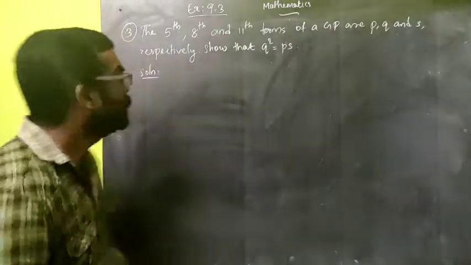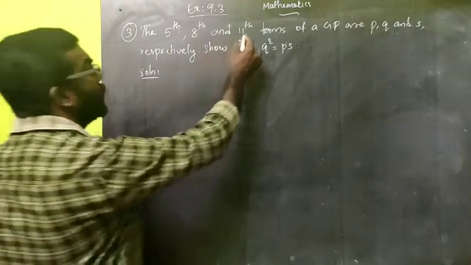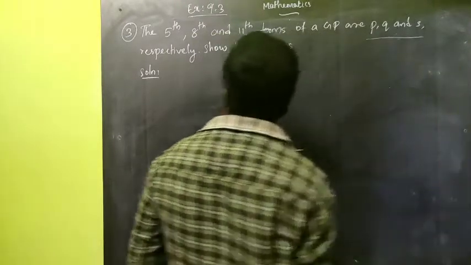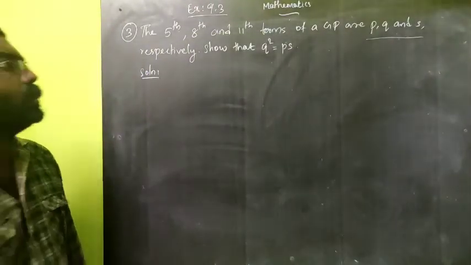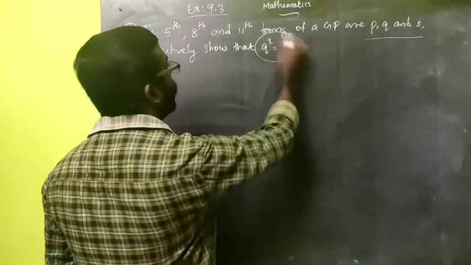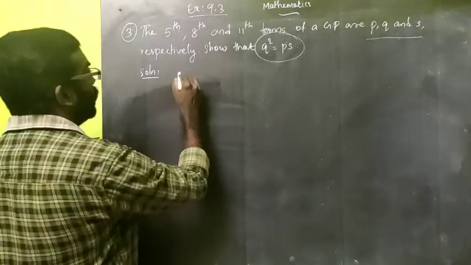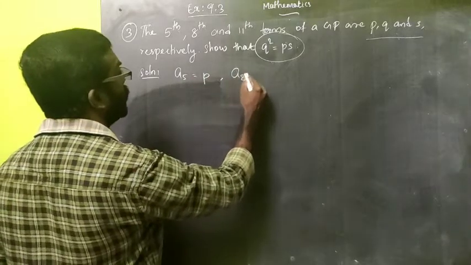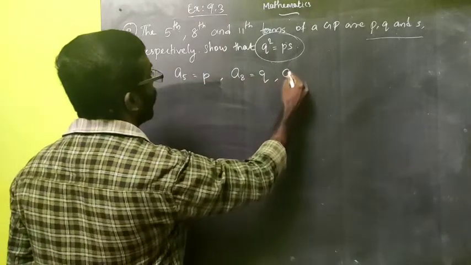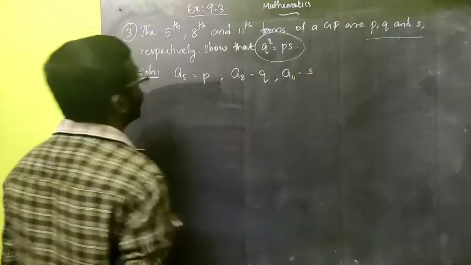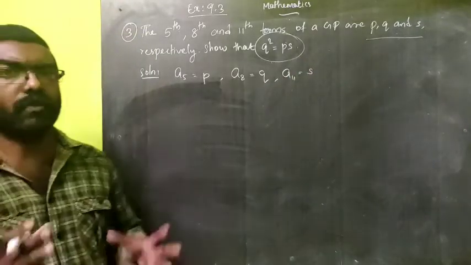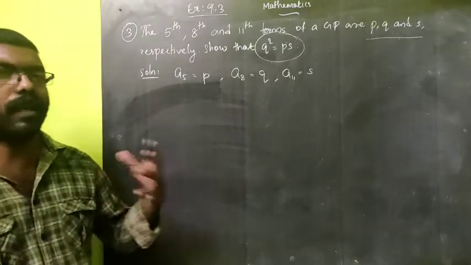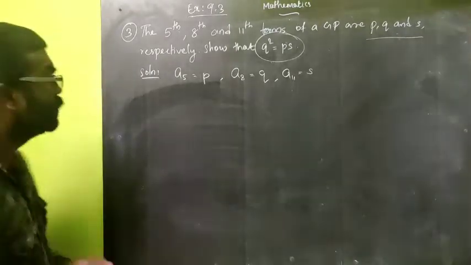Here the next question is, the 5th, 8th and 11th terms of a GP are p, q and s respectively. Show that q square is equal to ps. Here a_5 is equal to p, a_8 is equal to q and a_11 is equal to s. a_5 means the 5th term, so a r raised to 4. a r raised to n minus 1.